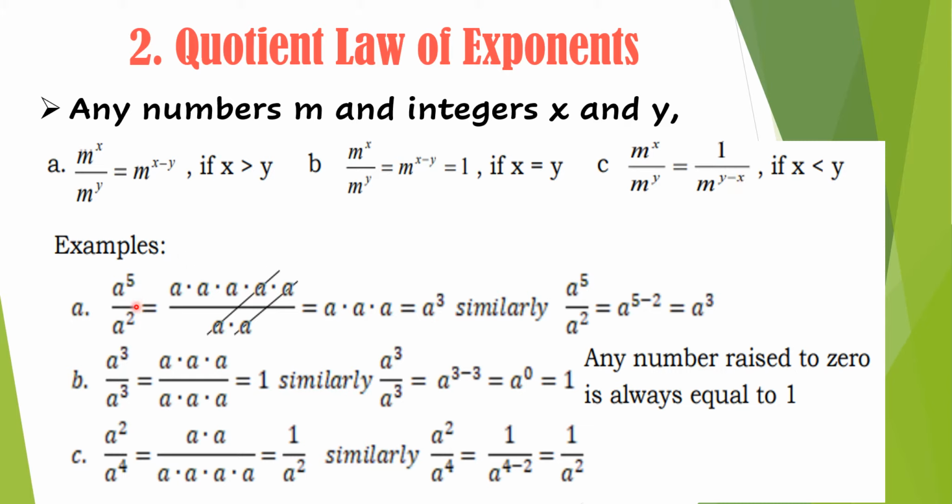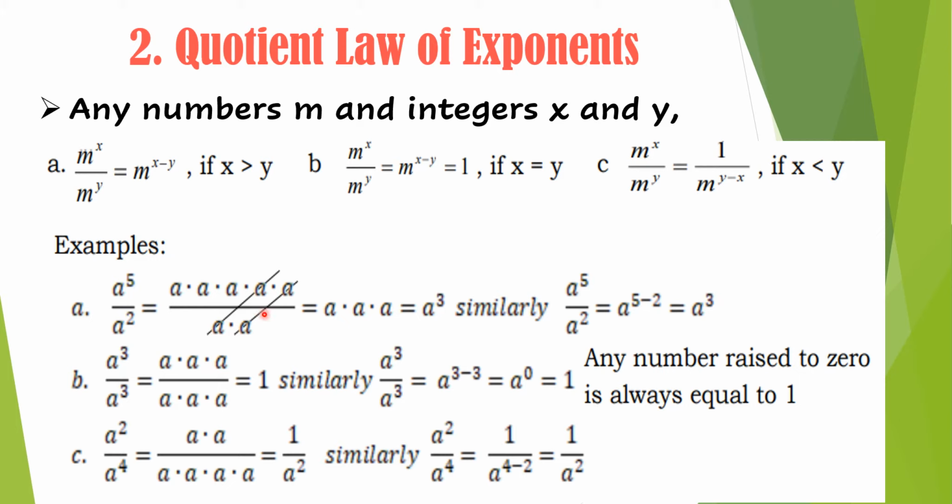Okay, examples natin. Example letter A, wherein dito makikita ninyo a raised to 5 divided by a raised to 2. So, mas mataas yung exponent na nasa numerator kaysa denominator. So, using the expansion form, a raised to 5, i-multiply ng 5 beses si a, and then a raised to 2, i-multiply ng 2 beses.